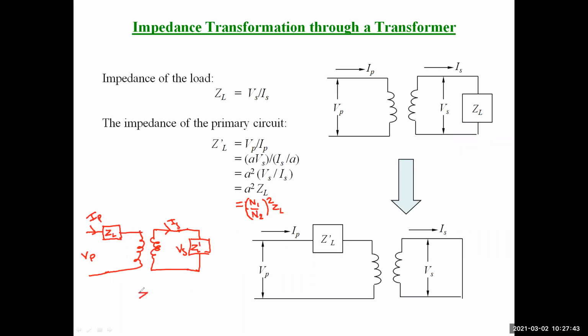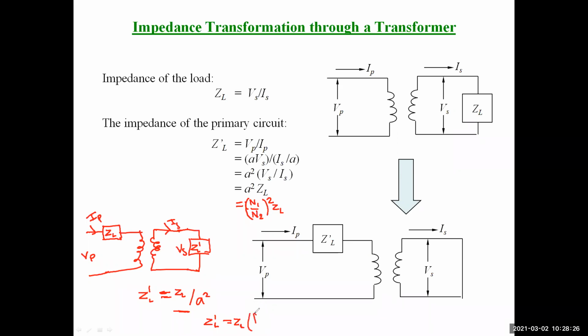ZL dash is nothing but, previously it was multiplication by A squared, so now it is division by A squared. So ZL dash is equal to ZL into, here it was N1 by N2 whole square, but here it is N2 by N1 whole square.